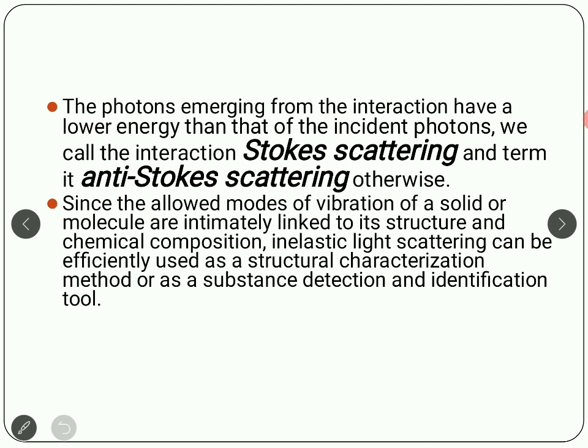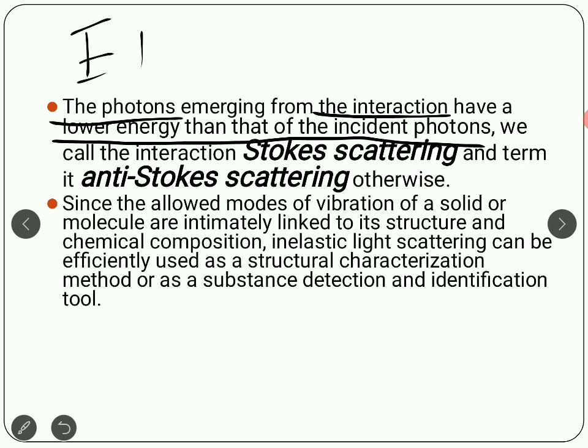So the photons emerging from the interaction, so we are talking about the Raman effect here. If the photons which emerge from the interaction have a lower energy than that of the incident photon, then if the energy is low, that means the wavelength is on the larger side, right, because energy and wavelength are inversely proportional.